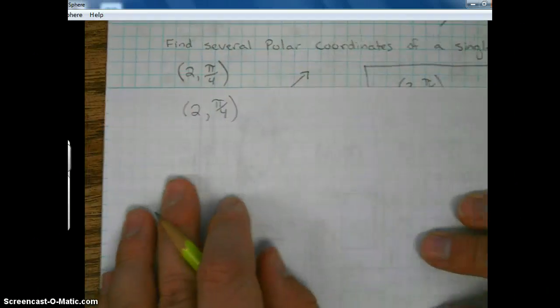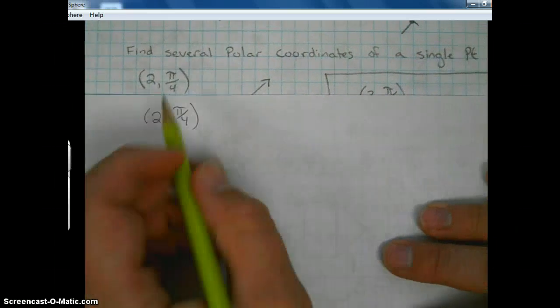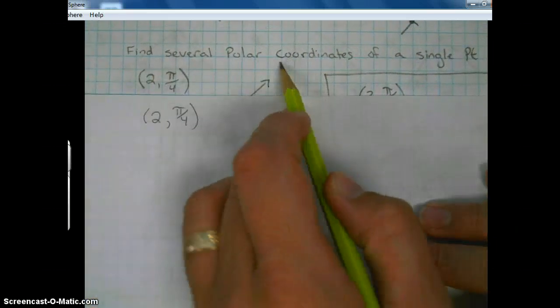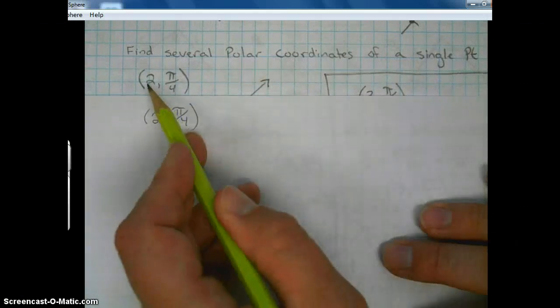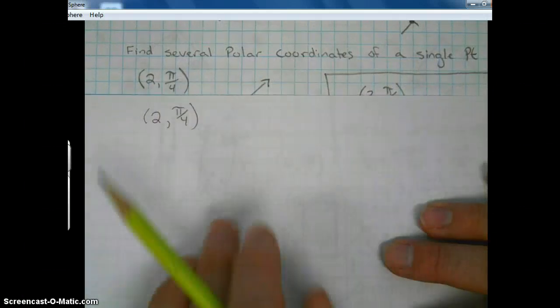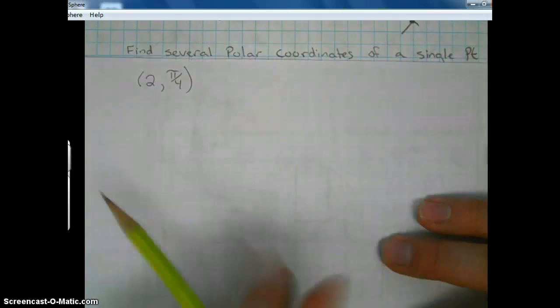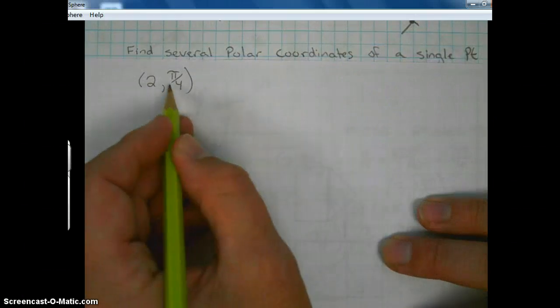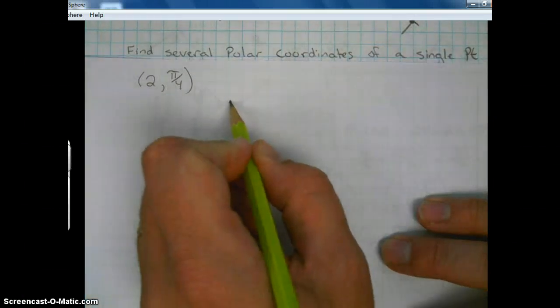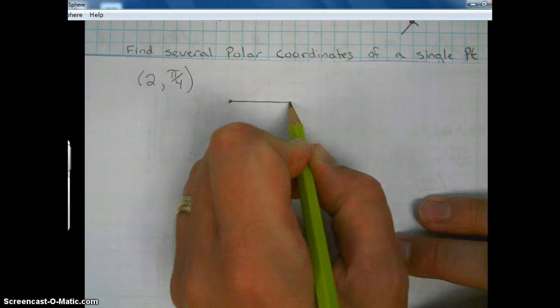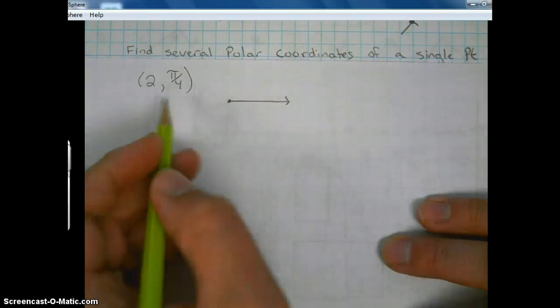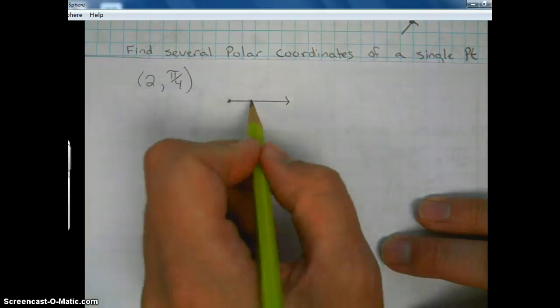Okay, so what we want to do now is find several polar coordinates of a single point. So we have this polar coordinate, 2, pi over 4. First of all, let me show you how to draw this. Here's our pole. Here's our polar axis. Now pi over 4 is positive, so we're going to go counterclockwise.